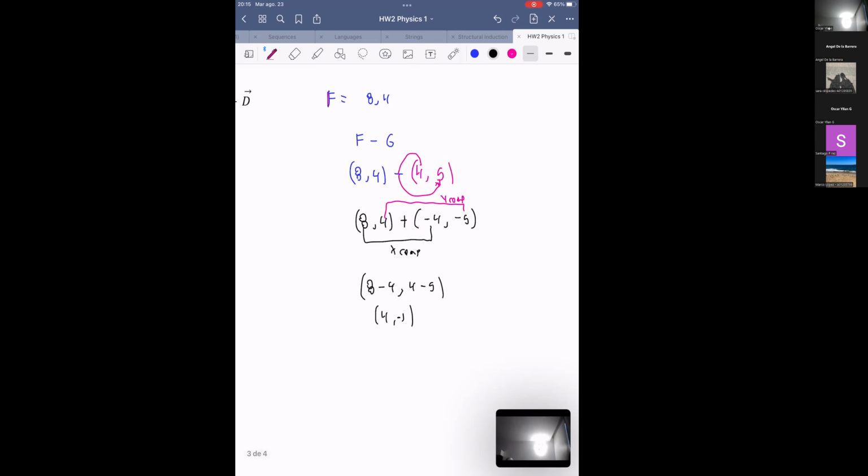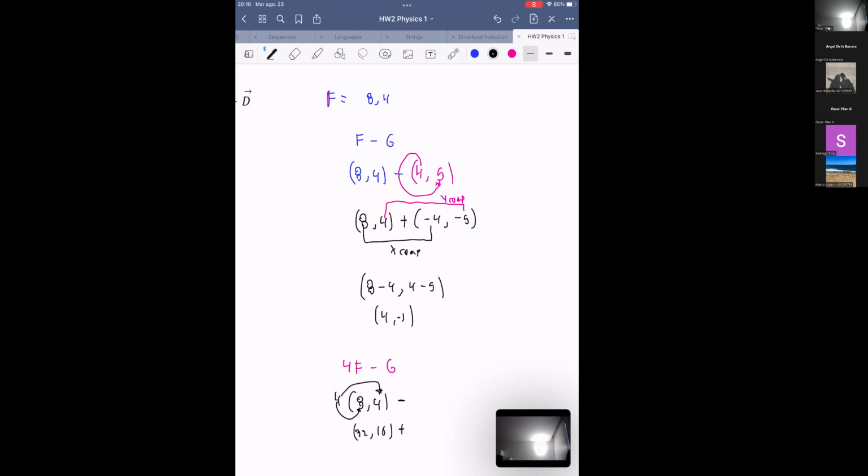Or 4, let's put it harder. 4F minus G, for example. 4 is multiplying 8 and then multiplying 4. So it will be 32 and 16. Okay.